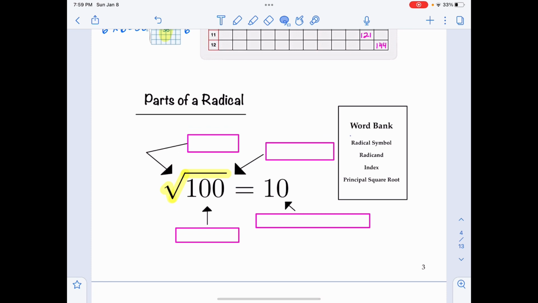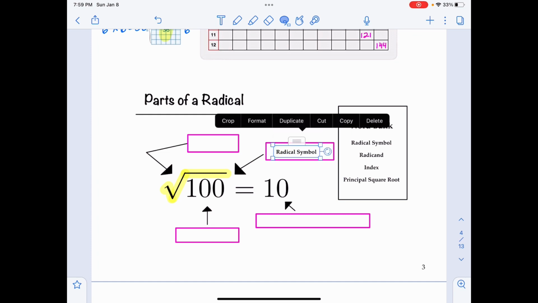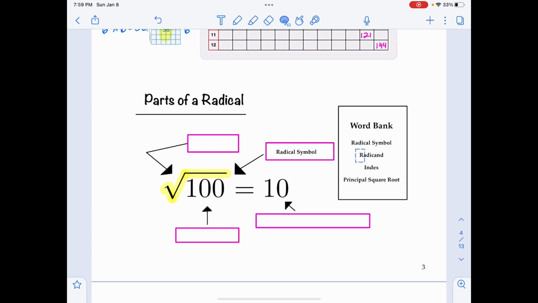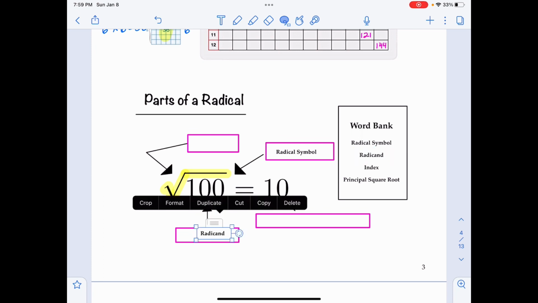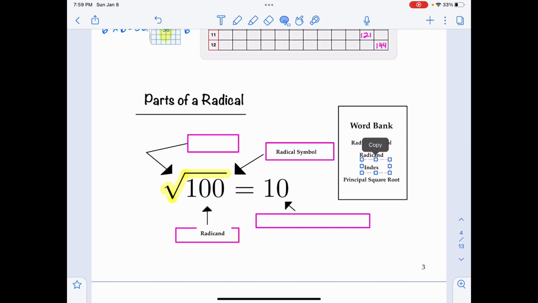What's different about it is that when we talk about a radical versus dividing, we're looking for identical values that make up the number that's underneath the radical, which is called the radicand. So I've labeled the radical symbol, the radicand, the index.